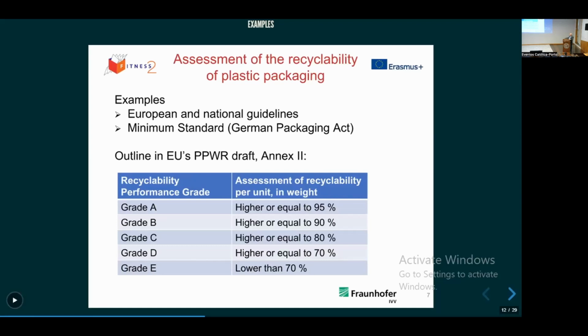If a packaging contains more than 95% recyclable content, it gets grade A, and so on. Something about reusability in packaging applications is completely missing.